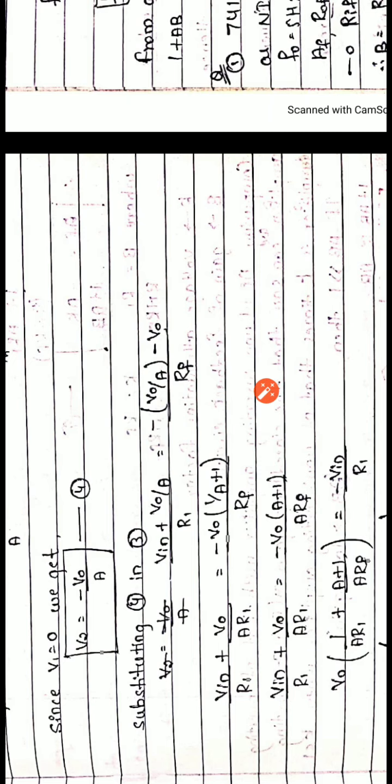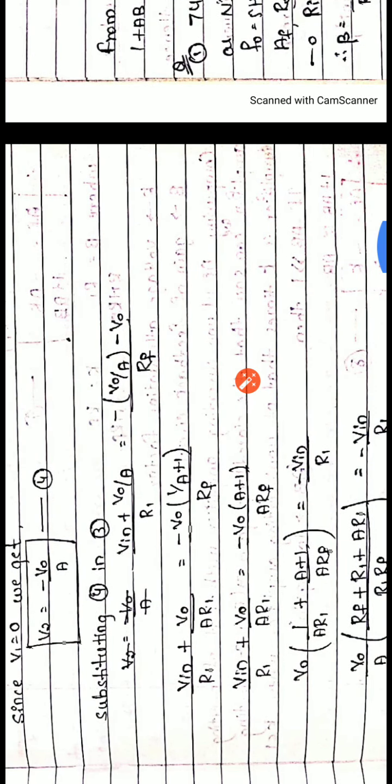So now again we are going to simplify this. What I will get here, R1 is common for these two, so we will get Vn by R1 plus V0 divided by A into R1 equals to, here V0 is common with negative sign, we have taken V0 as common, this becomes 1 by A plus 1 divided by RF.